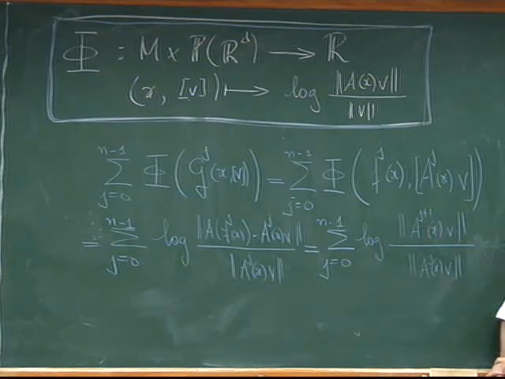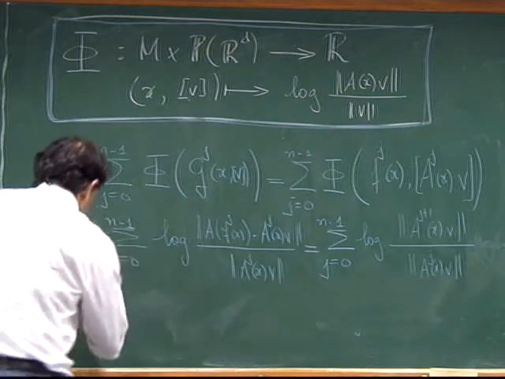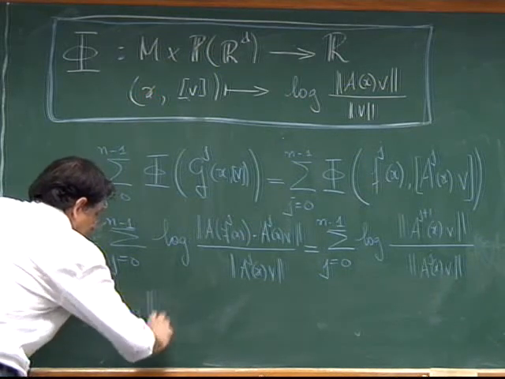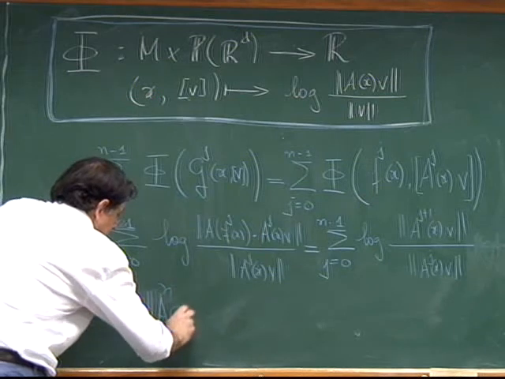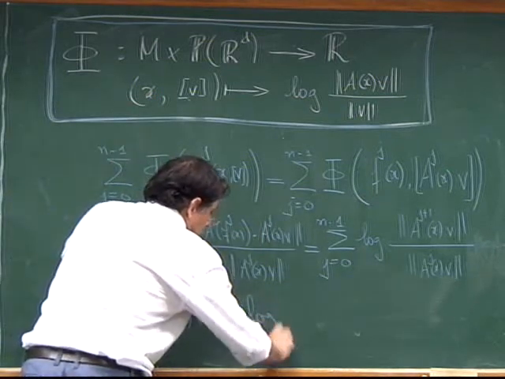So you have this telescopic property. And then suddenly this simplifies, and you get log of a_n(x) v minus log of v.